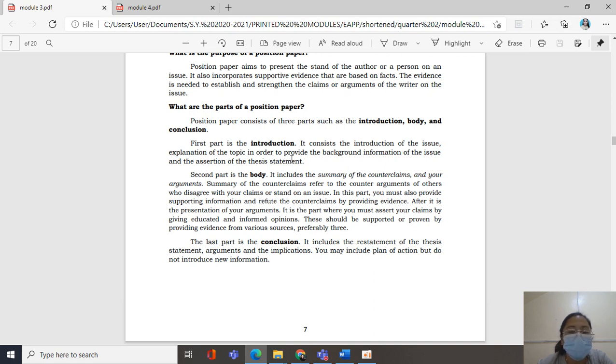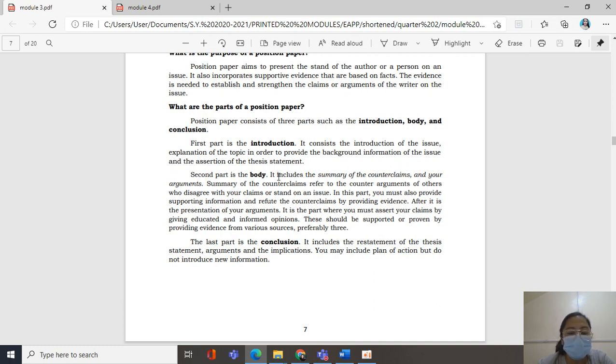So, how are we going to write an effective introduction, and what must be written in the introductory part of your position paper? The introduction consists of the introduction of the issue, your explanation of the topic in order to provide the background information of the issue, and the assertion of the thesis statement.